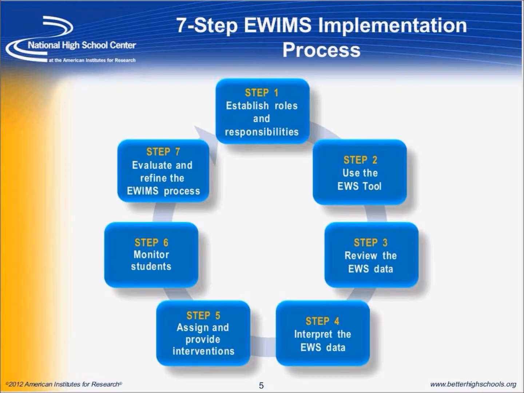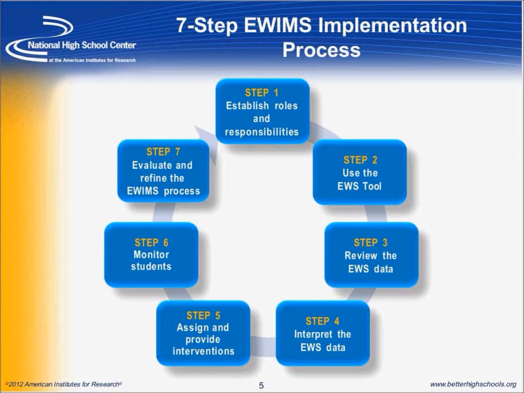First, the EWIMS implementation process reflects research on effective data use in schools and places it within the context of early warning systems. Then, the National High School Center worked with 2 states, Texas and Virginia, over the course of several years, and through this experience, the states, district, and school level users provided feedback on how to make the 7-step process more accessible and meaningful to educators. And the result is this 7-step EWIMS implementation process you see before you.